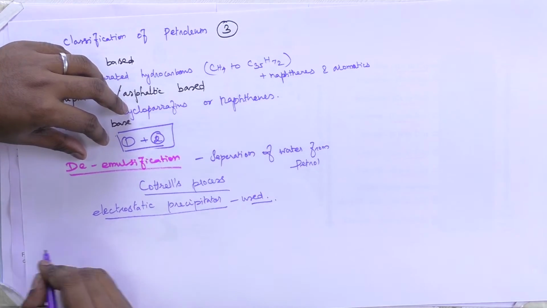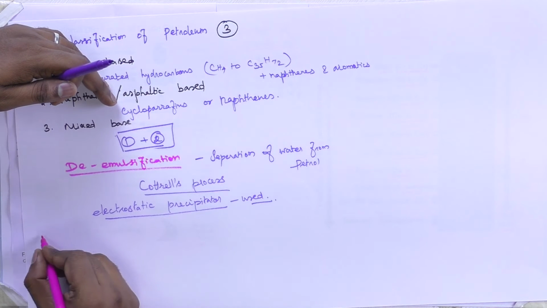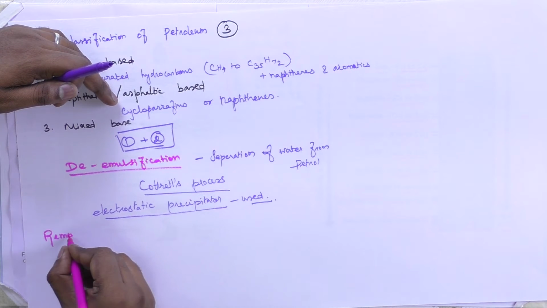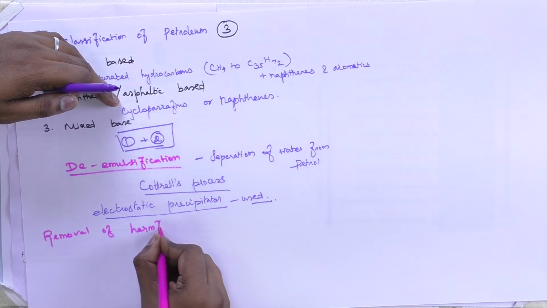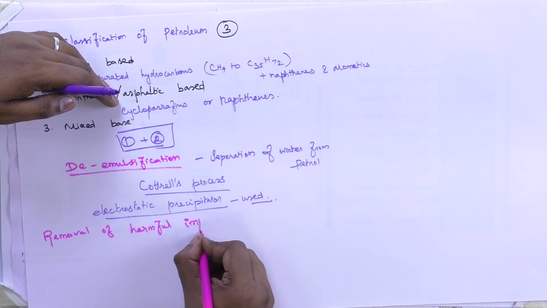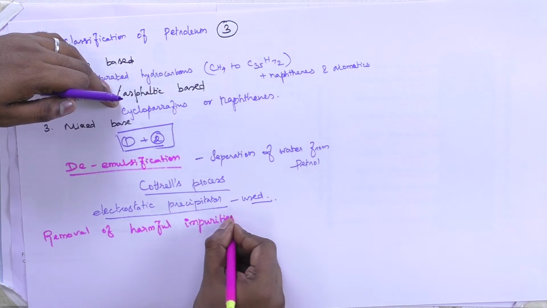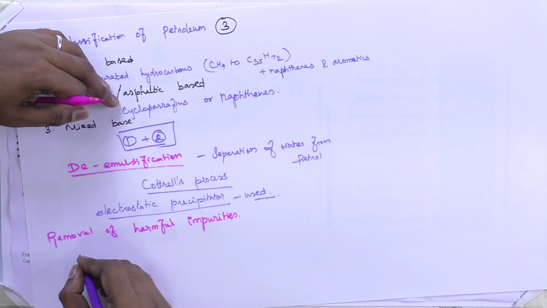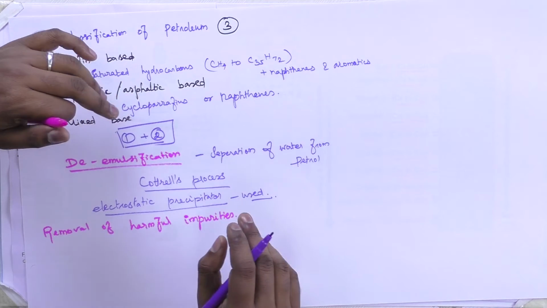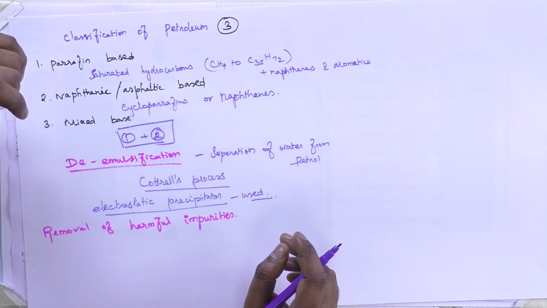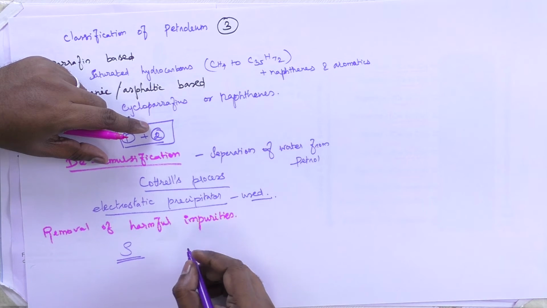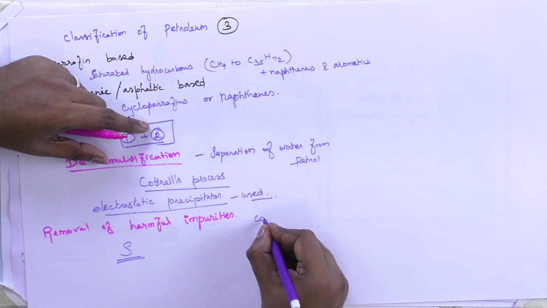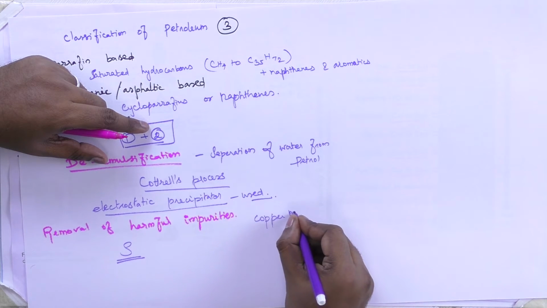Another case is the removal of harmful impurities. In petrol, the most common impurity is sulfur, which is commonly removed with copper oxide or copper based materials.